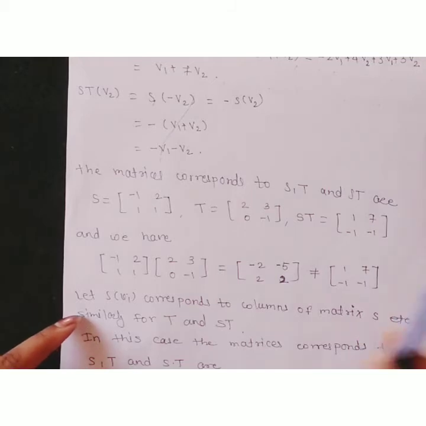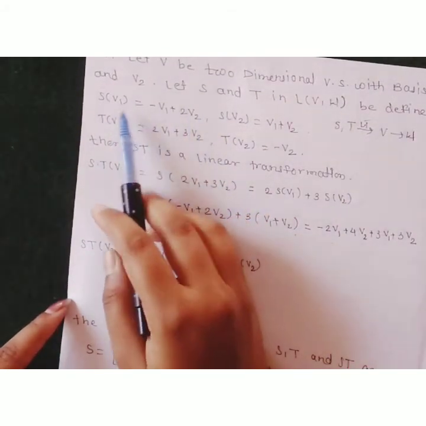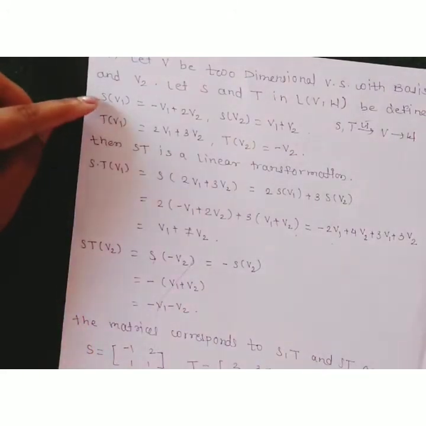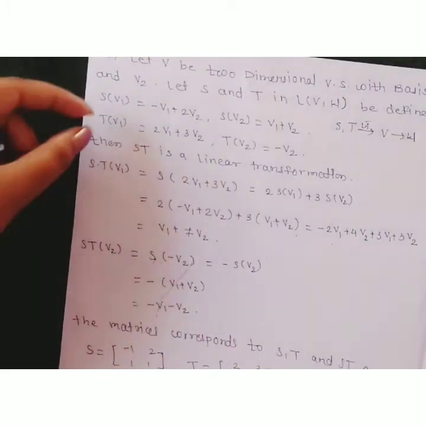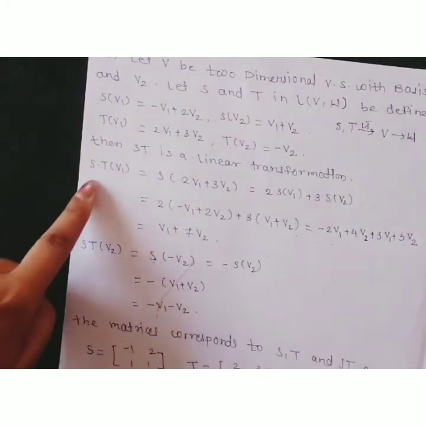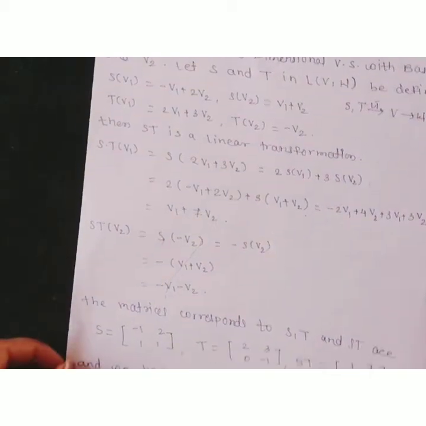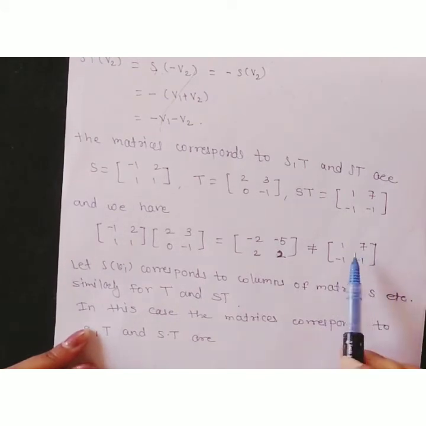Therefore, if we are given basis vectors V1 and V2 and the equations corresponding to S and T, and we find the matrices corresponding to S and T and multiply them, the resultant matrix cannot give the matrix corresponding to ST. This is a very important case. So this matrix is not equal to [1 7; -1 1].